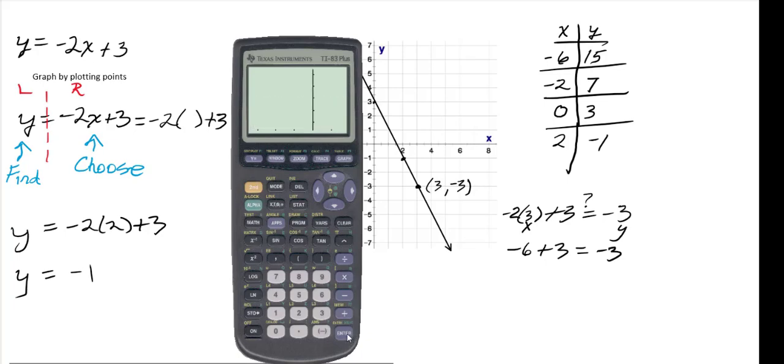And the calculator automatically adjusts with a closer view of that spot you selected. You can also zoom out if you like. Just press enter, and I could zoom out even further.